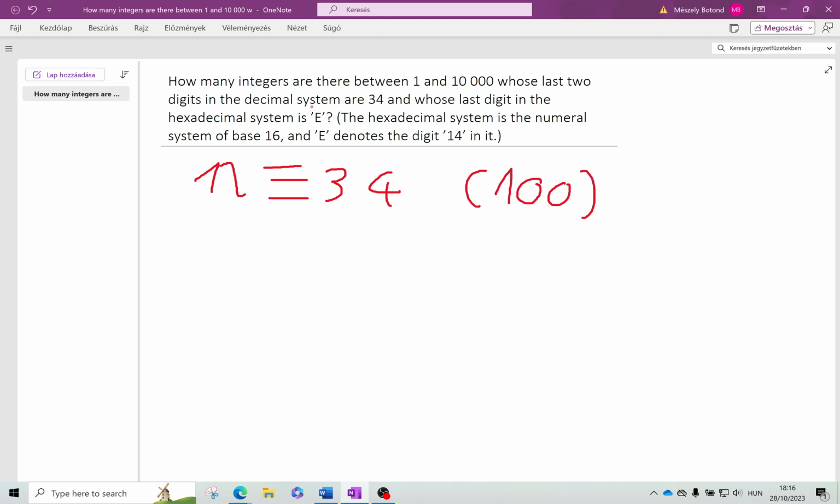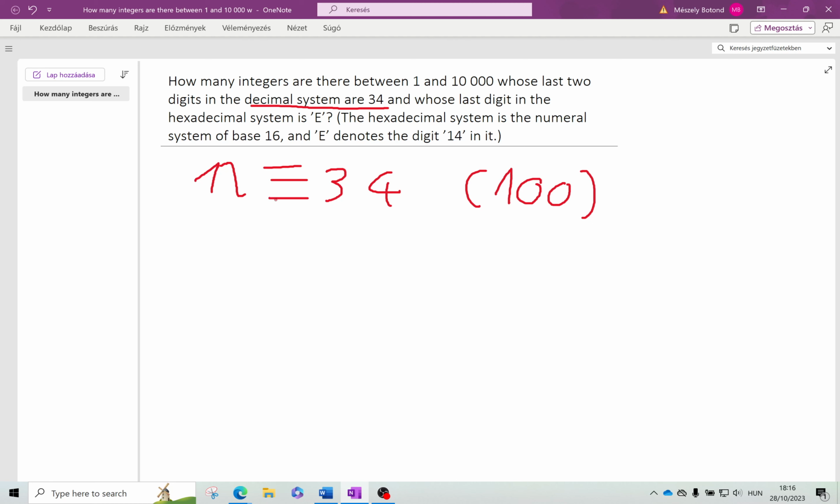This comes from this part of the question, because every number that ends with 34 is congruent with 34 when you divide it by 100.